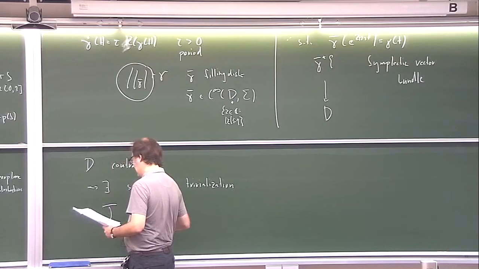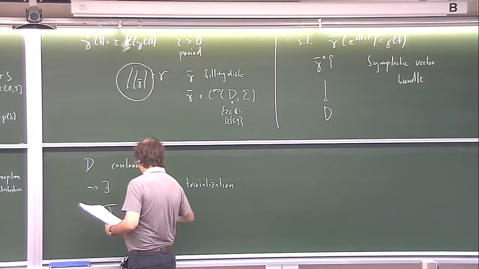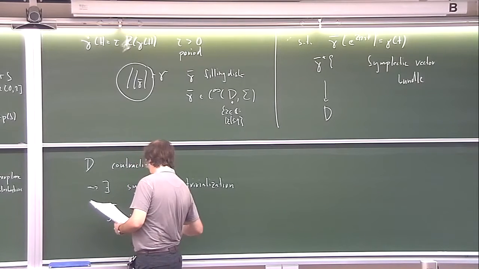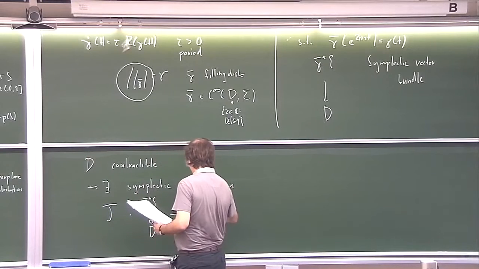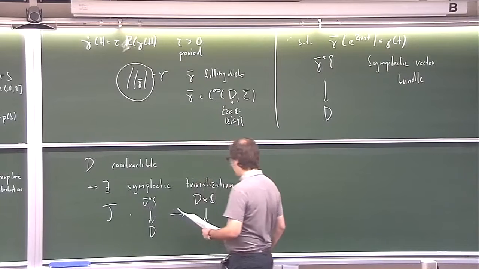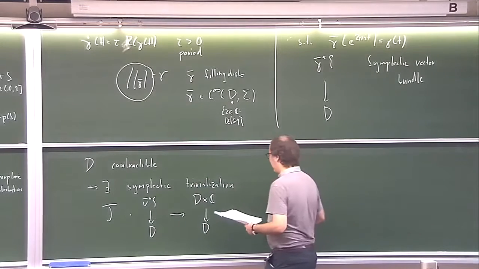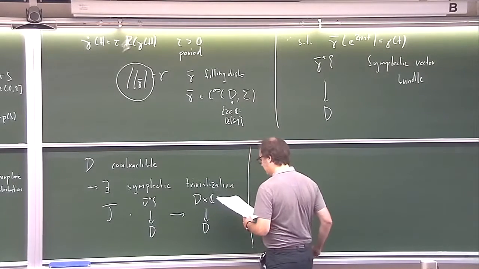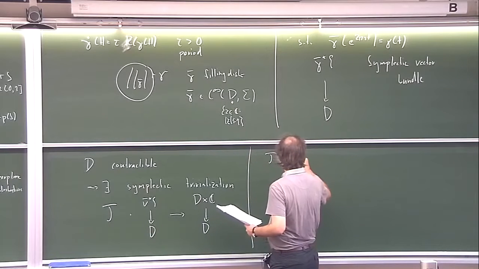Tau trivialization, so we trivialize this bundle to the trivial symplectic bundle over the tau bundle map.